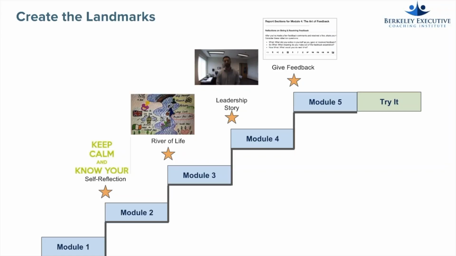Next, in Module 2, participants were asked to create a river of life that represented their own learning journey. So they wrote out this journey that really formed the basis of their authenticity and uploaded it to share with other people, and people commented on it. In Module 3, telling their leadership story, they actually recorded themselves in a 3 or 4 minute video. And then Module 4 is giving feedback. They watched each other's leadership stories and gave each other feedback.